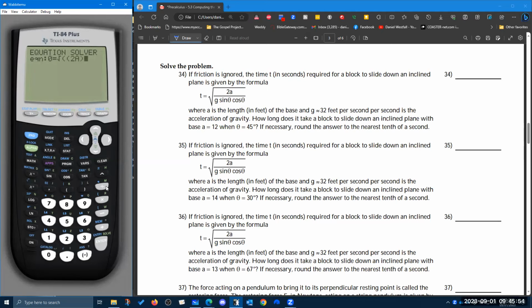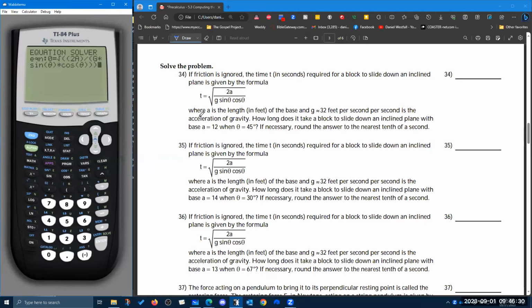Close my parenthesis for my numerator, divided by, open my parenthesis for my denominator, alpha g times sine of theta, which is down here above the number 3 for me, times cosine of alpha theta, like that. Close my denominator, and then close my square root.